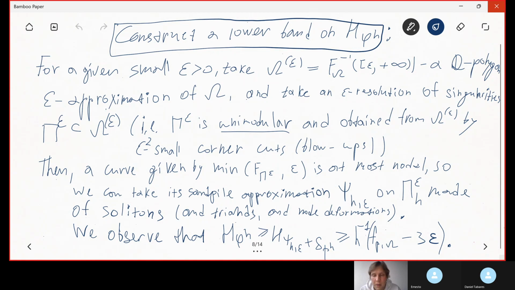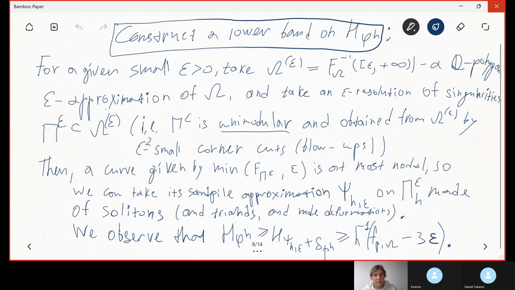So if you have these 2 bounds for every epsilon, and h small enough, h small times h big is between f and f minus 3 minus epsilon. Okay, so that's the global structure.